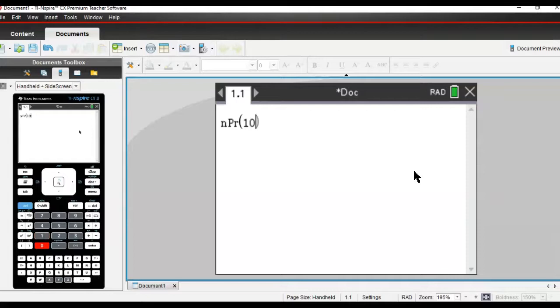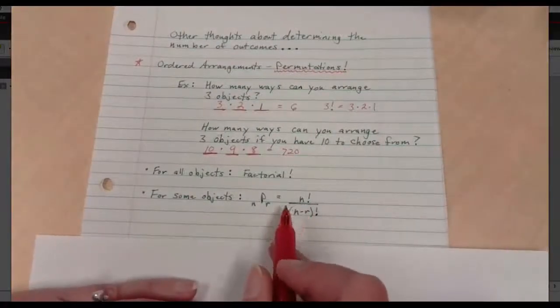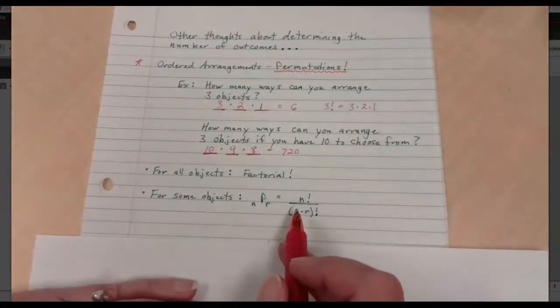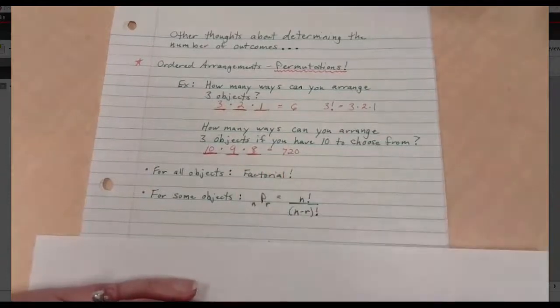So you need to tell it that n is 10, comma, and out of those 10 objects, you would like to use 3 of them. Then it'll actually run that entire formula for you. Notice the answer is still 720. So if we jump back to our other screen, the calculator just did this because we asked it to run a permutation. And we said that there are 10 objects with 3, 720.